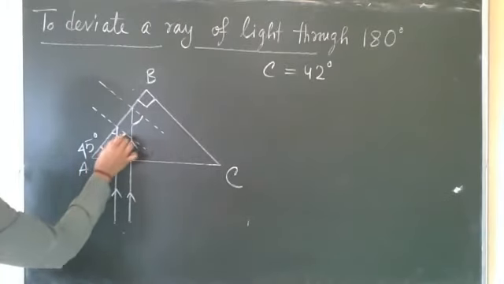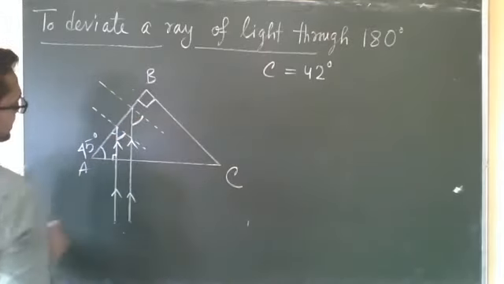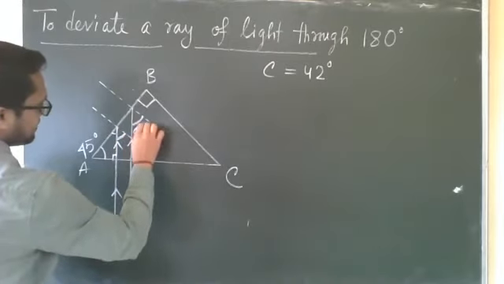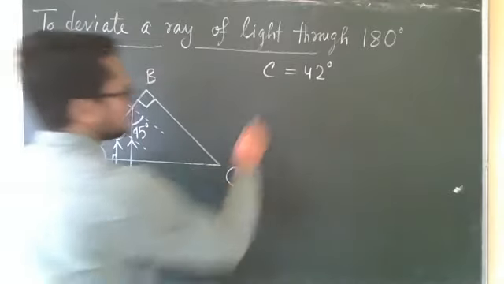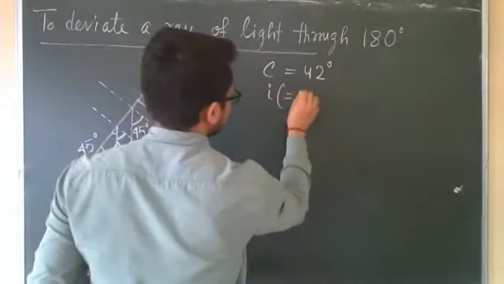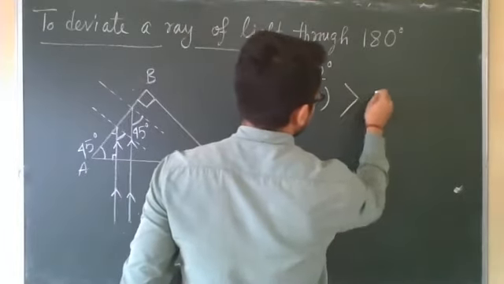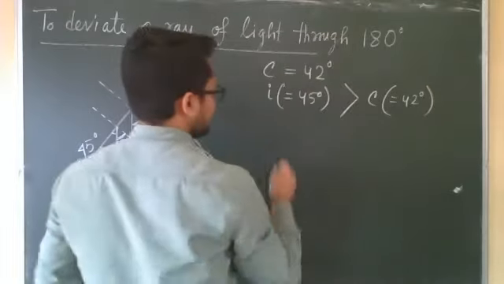So the angle of incidence is 45 degree. The angle of incidence, 45 degree, is greater than the critical angle, which is about 42 degree. So what will happen?